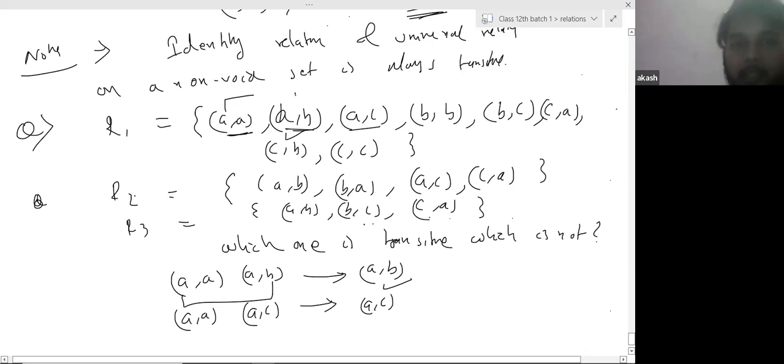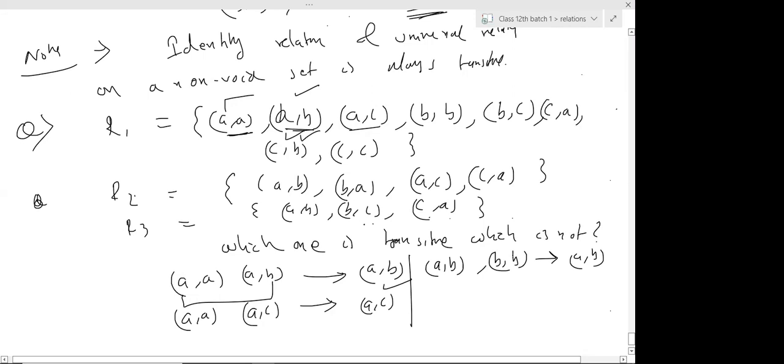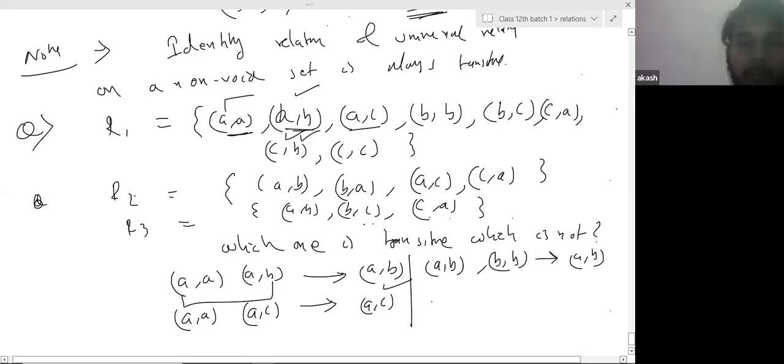So let's move on to the second element. (A,B) is there and (B,B) is there. So (A,B) must be there. Yes, (A,B) is there. This is clear, everyone? Yes. So we take the first and last coordinate. Whenever you take one element, start with the first element, (A,A).